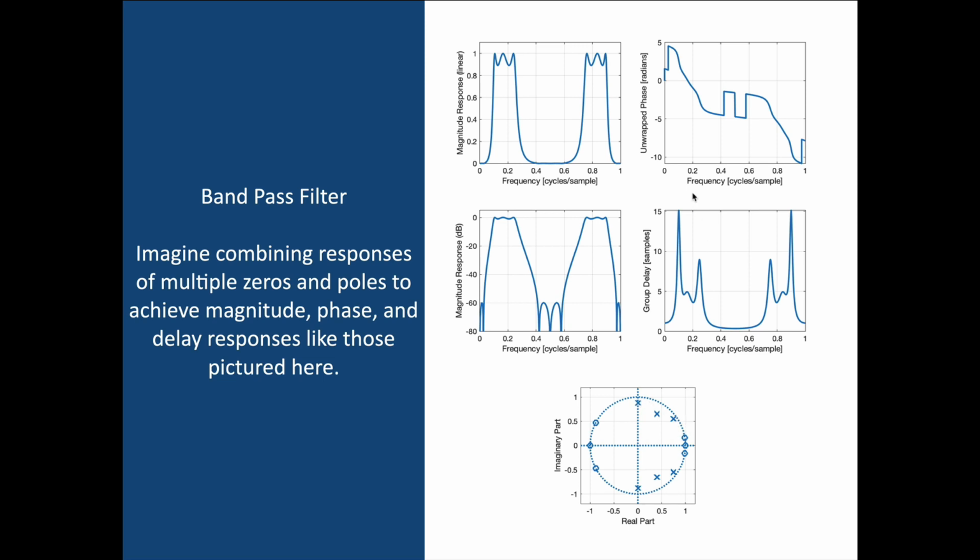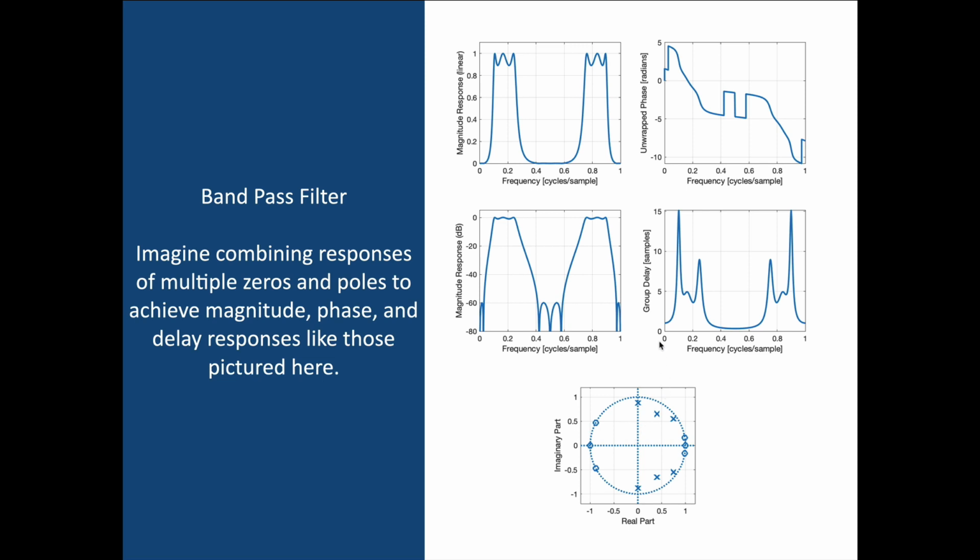Similar sorts of comments could be made about the phase response and the group delay. These peaks in the group delay are coming about because we're passing by these poles. And as we do so, we're going to experience group delay passing through there.